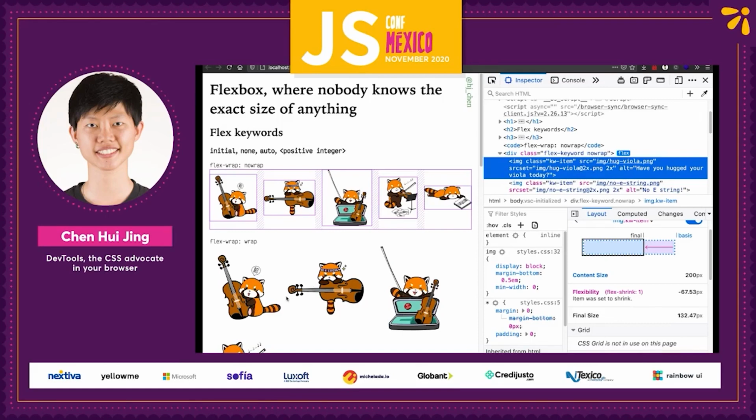But Flex basis is actually the starting point from which the size of the box is calculated. So remember that the key here is the starting point. Because if your flex items are allowed to grow or shrink, odds are the final size may not be whatever you put in the Flex basis.